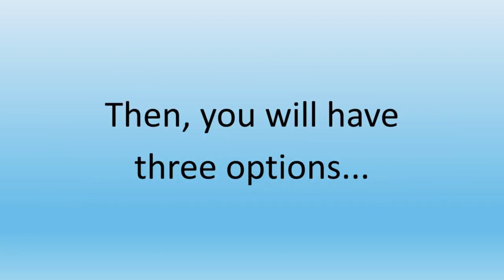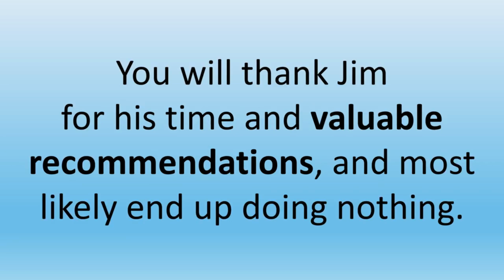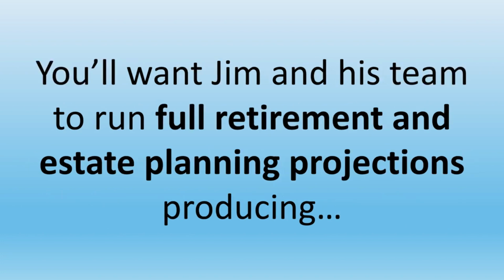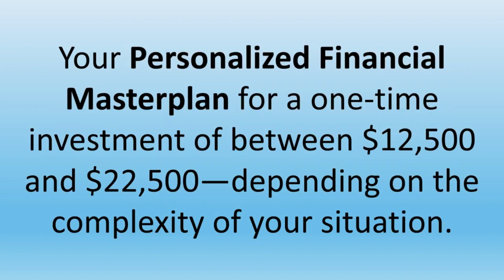Then you will have 3 options. You will thank Jim for his time and valuable recommendations and most likely end up doing nothing. You'll want Jim and his team to run full retirement and estate planning projections, producing your personalized financial master plan for a one-time investment of between $12,500 and $22,500, depending on the complexity of your situation.